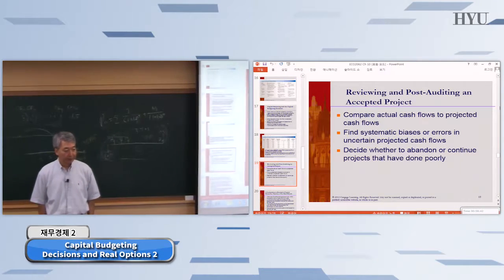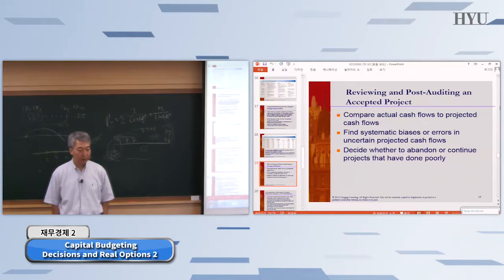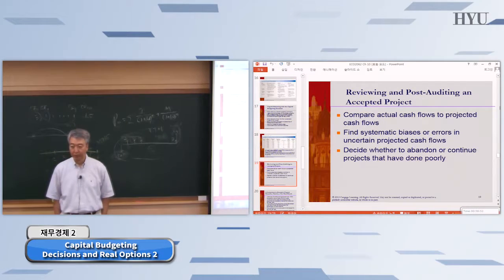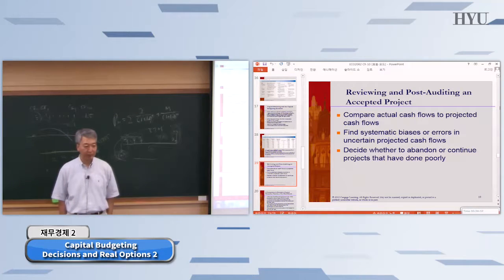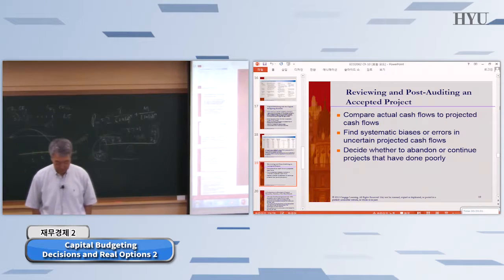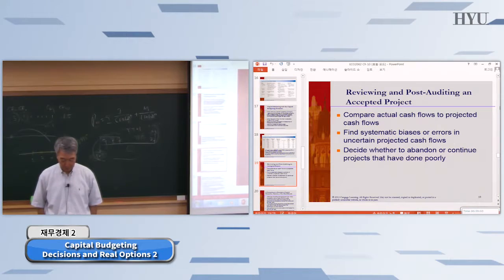But if you can uncover some systematic bias, some problem in the way you evaluated the project, say the guy who calculated the IRR made a big mistake, he had no idea what he was doing, then you need to know, so that you're not going to repeat the same mistake.